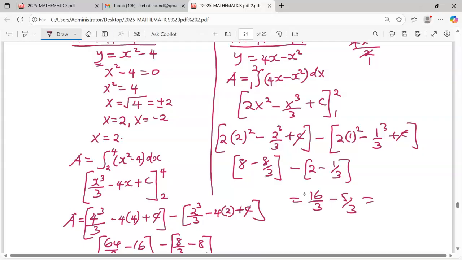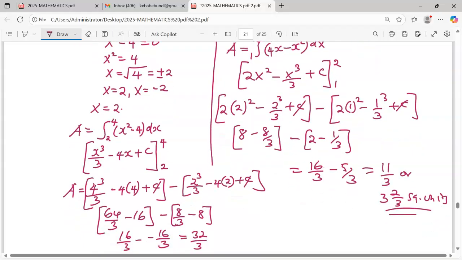And this one is going to give us 16 minus 5 will give us 11 out of 3, or you can as well write it as a mixed fraction, which will give us 3 remainder 2 out of 3 square units, and that becomes the area of this particular region.